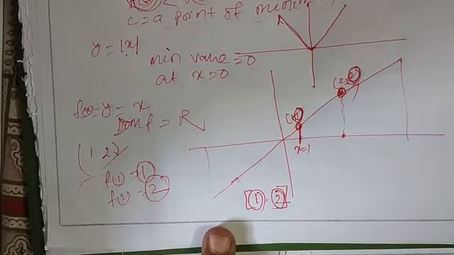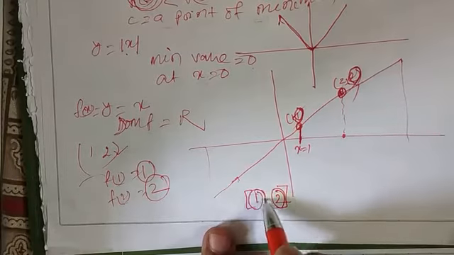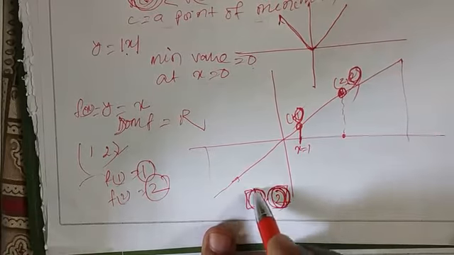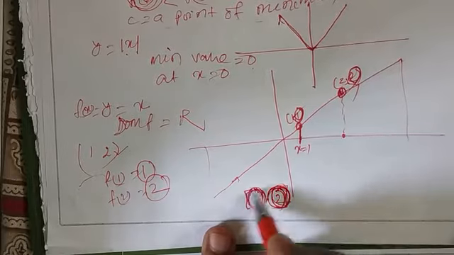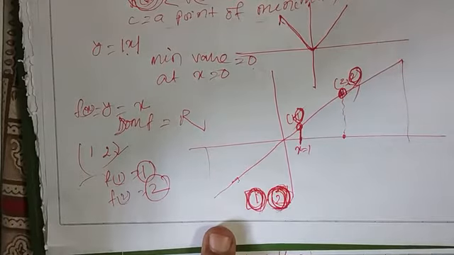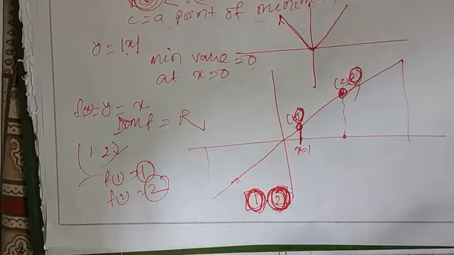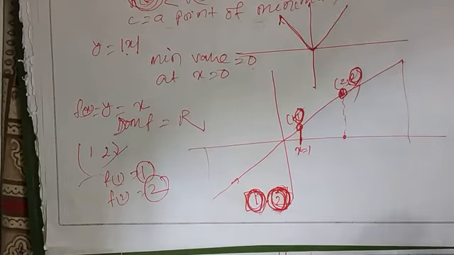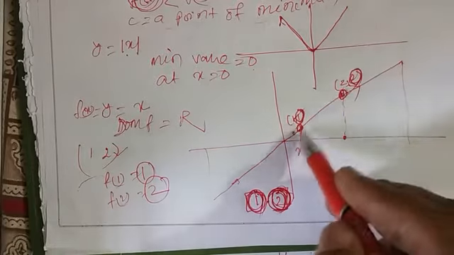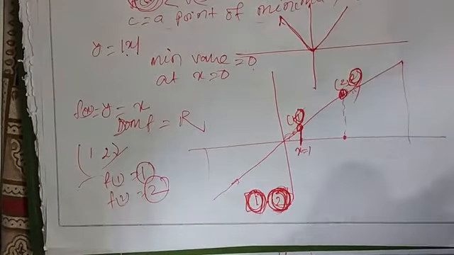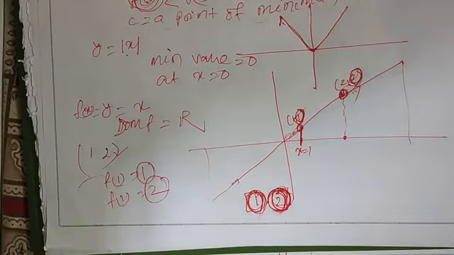So if a function is monotonic in a closed interval, actually increasing or decreasing, then the highest and lowest values are at the end points. The function attains its highest and lowest values at the end points.